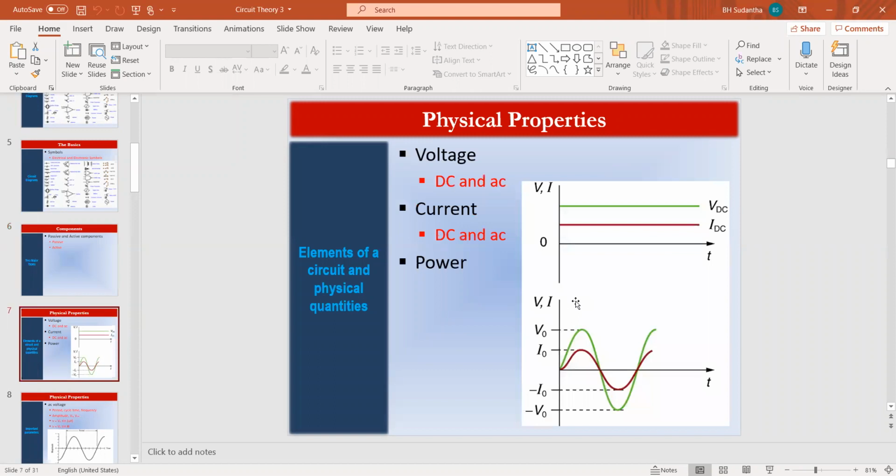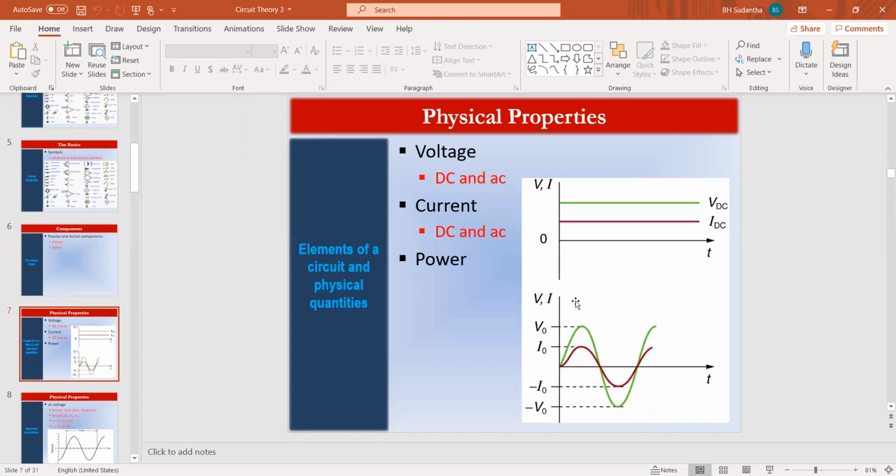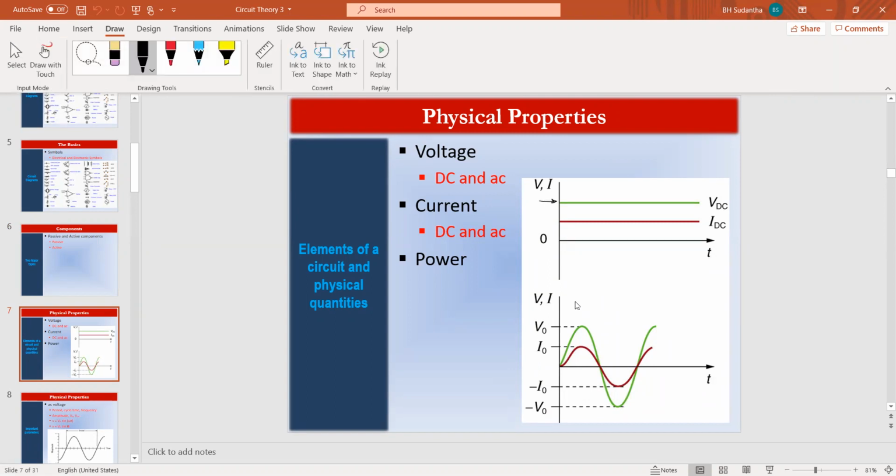You can see that. Here you can see the green color line is the voltage, and this is current. When you have a circuit something like this, with a battery and a resistor, and this is your DC voltage, as a result you may have IDC current.